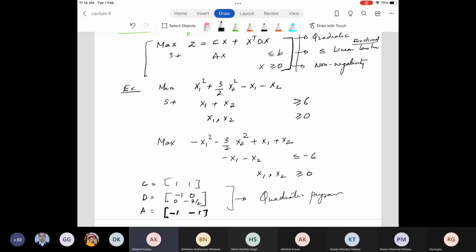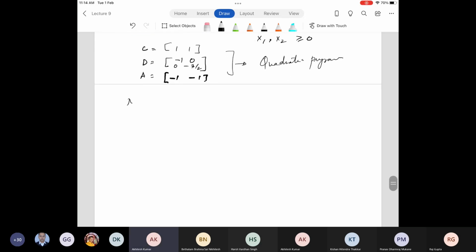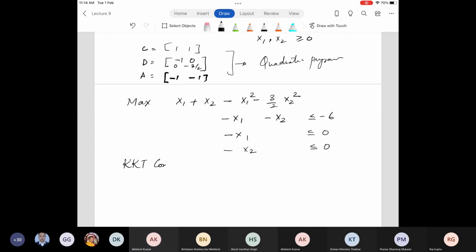Had you been given this problem, how would you proceed? Let me write the problem. Maximize x1 plus x2 minus x1 square minus 3 by 2 x2 square, subject to minus x1 minus x2 less than or equal to minus 6, minus x1 less than or equal to 0, and minus x2 less than or equal to 0. Is this fine, guys? Can we now write the KKT conditions for this problem?